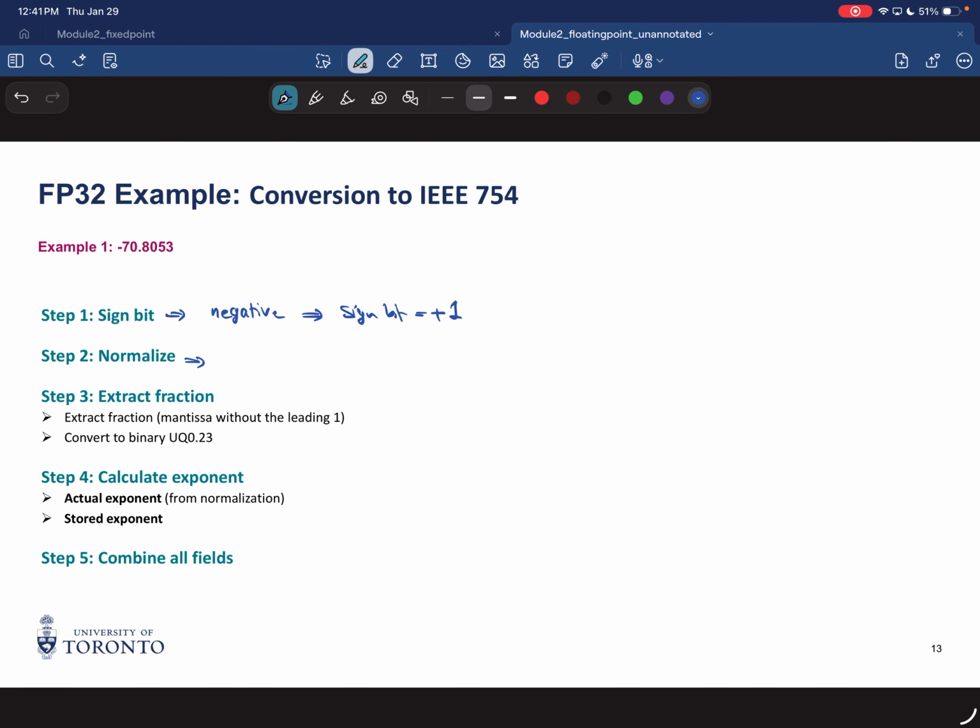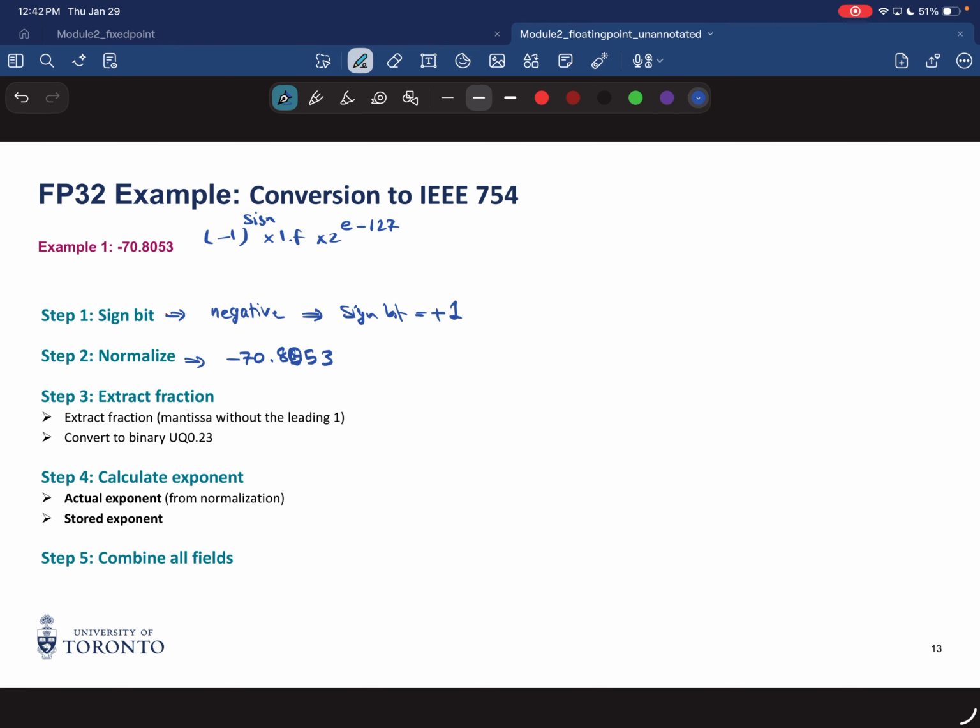Then we have to normalize this, right? Bring it to the 1. Remember, I'm going to write it here: minus 1 to the sign, times 2 to the power of E minus 127. We have to find this version. So we have to normalize minus 70.8053.